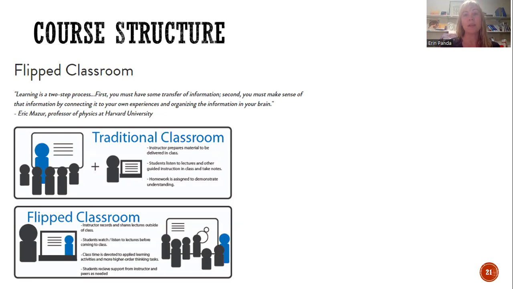Then you would go home and you'd try to see if you could make sense of what you just learned and apply what you've learned with you doing practice problems, but at home and without support from the instructor. So we've got in this traditional model, 2 hours in class, mostly passive learning, very little support from the instructor.